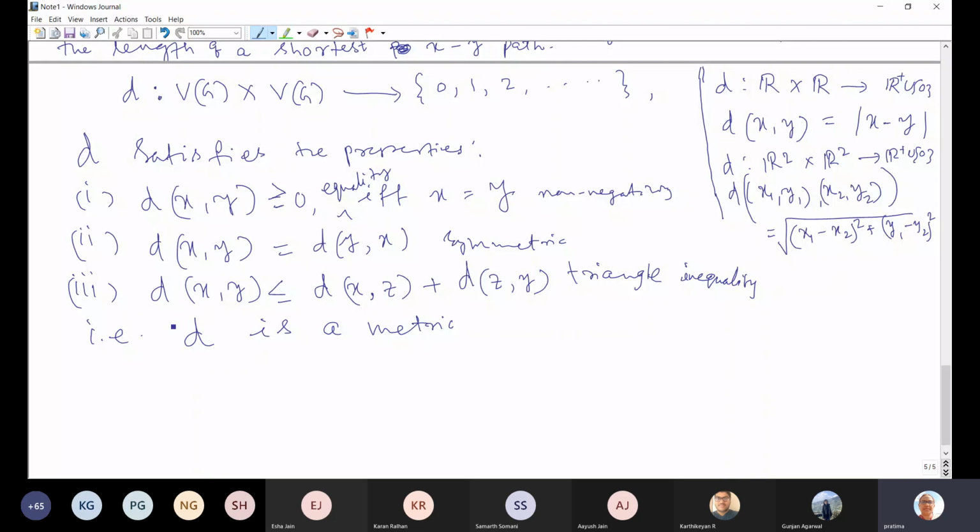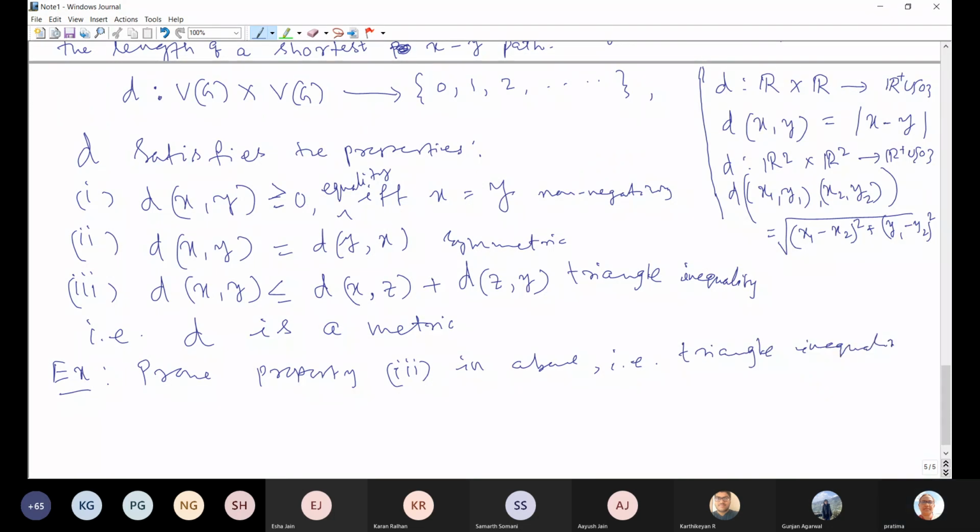So you think over this triangle inequality. The first and second properties are easy to prove, and the third property is the triangle inequality.